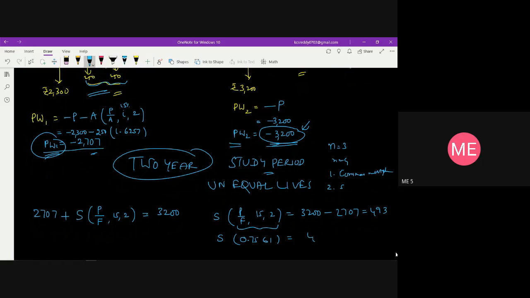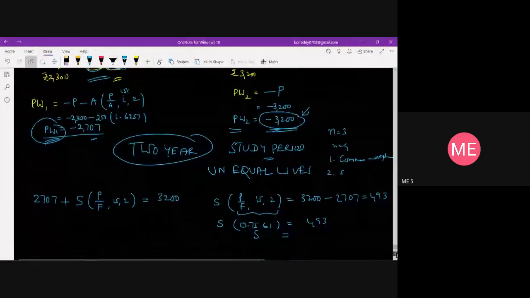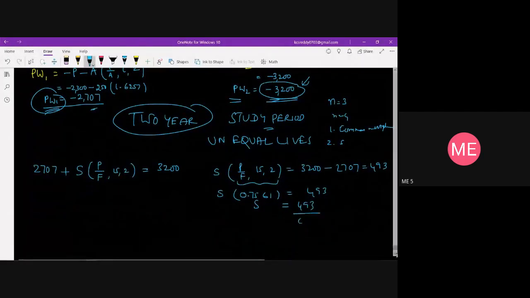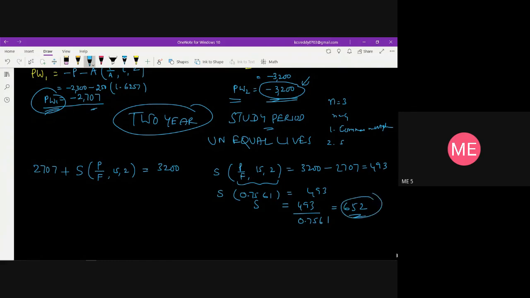So S is equal to 493 divided by 0.756, which gives around 652 something. This is how the salvage value works out, which means that asset 2 is preferred to asset 1 when the resale value of asset 2 at the end of 2 years is more than this 652.